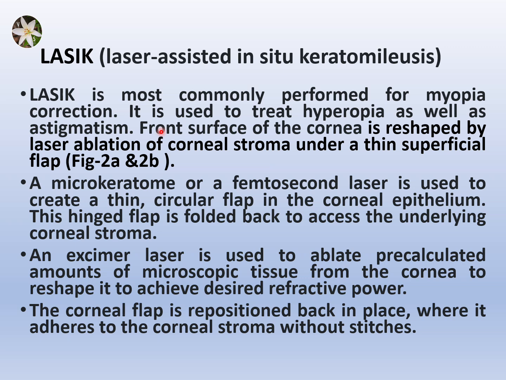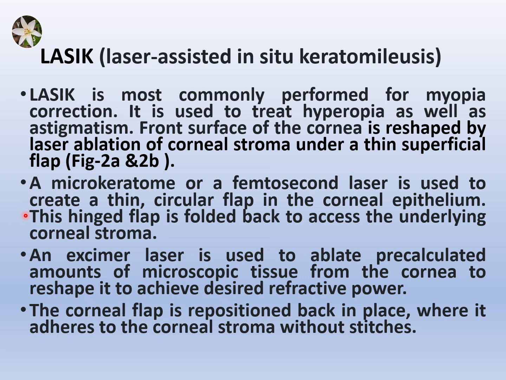The front surface of the cornea is reshaped by laser ablation of corneal stroma under a thin superficial flap, as shown in figures 2a and 2b. A microkeratome or a femtosecond laser is used to create a thin circular flap in the corneal epithelium.